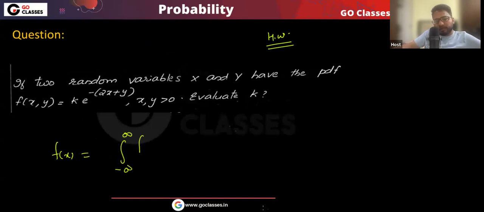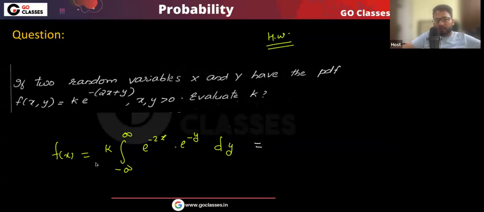This particular thing is basically e power minus 2x into e power minus y into k. Is this dy or dx? This must be dy, right? So if it is dy, this you can take outside, and then minus infinity to infinity e power minus y, what will it be?